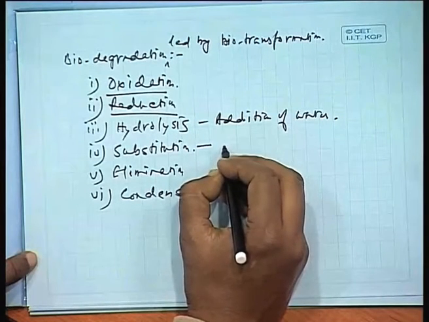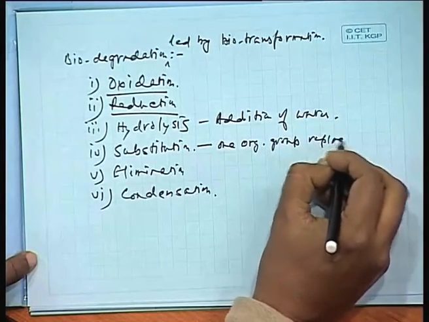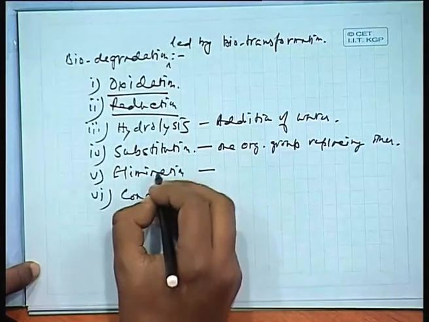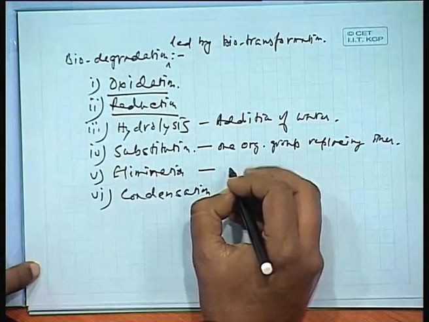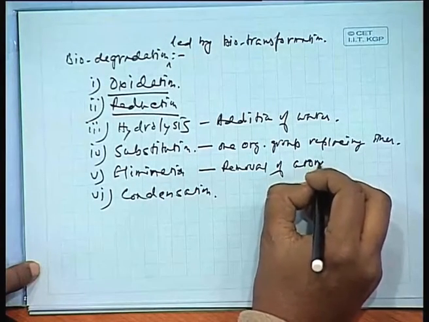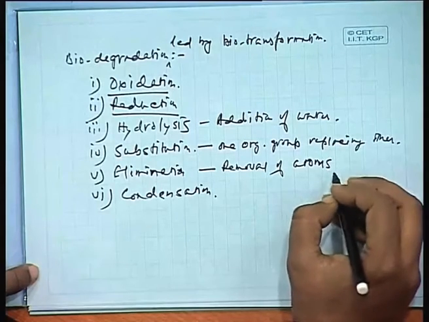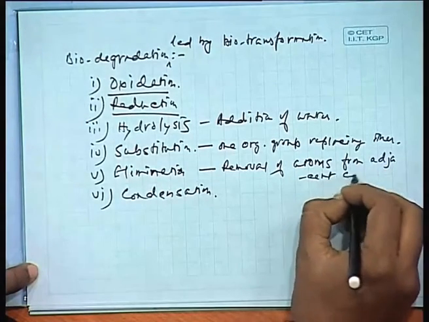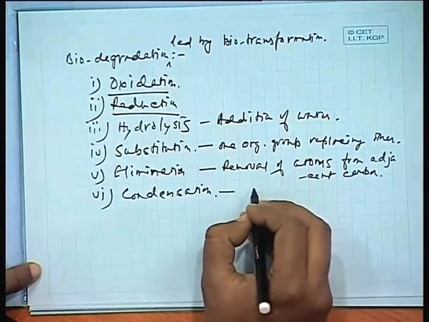Substitution, one organic group replacing another. Elimination, where we find removal of atoms from adjacent carbon, and condensation, where you can see the production of a larger molecule.